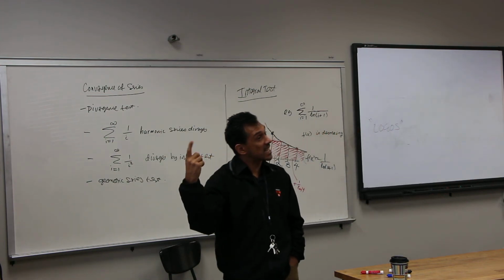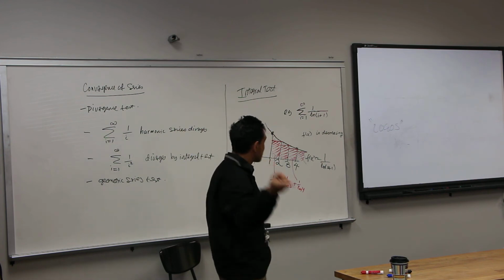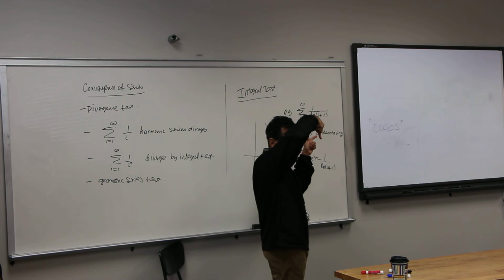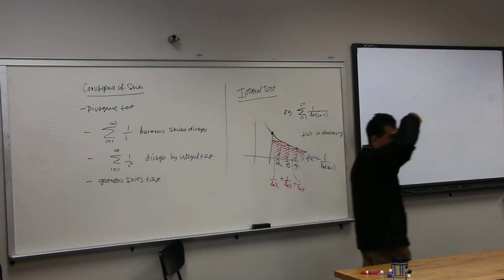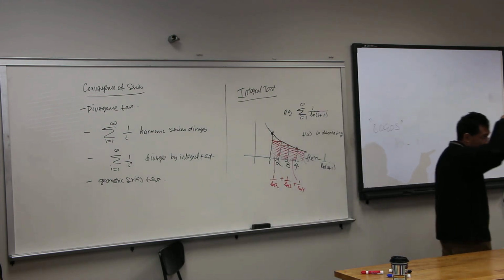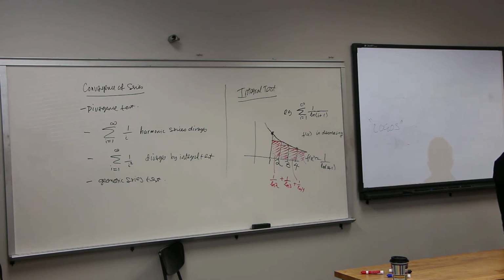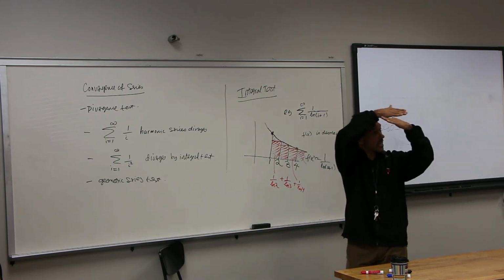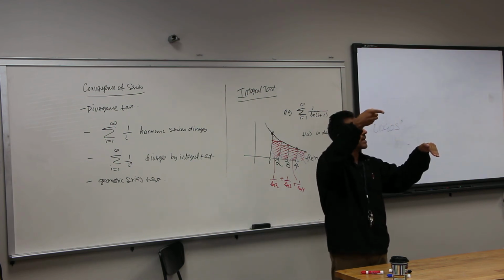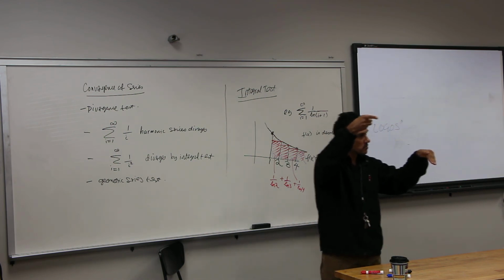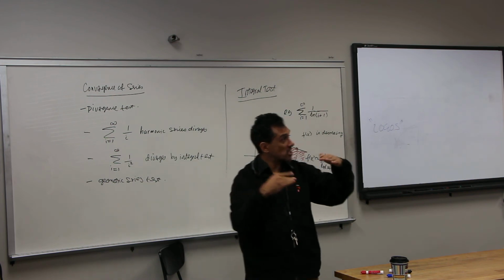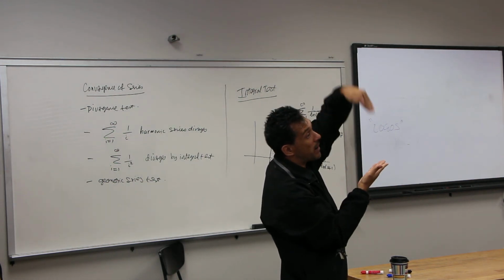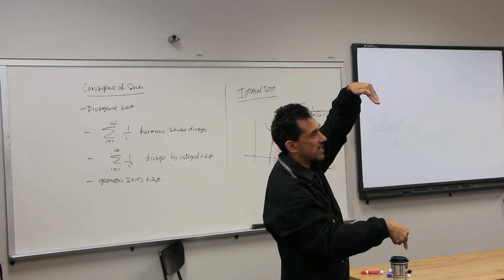If you have a hunch that it diverges, then you want to be shoving those rectangles above. So if you are shoving the rectangles above, you will show that the area under is infinite. If you are shoving the rectangles below, you are going to show that the area above is finite.